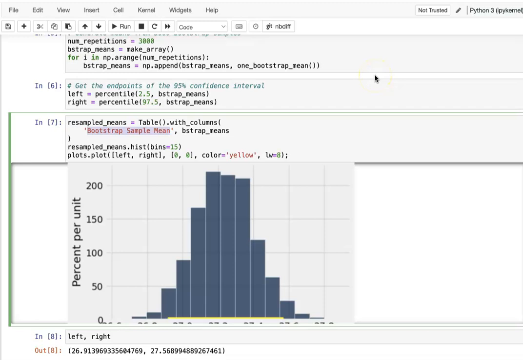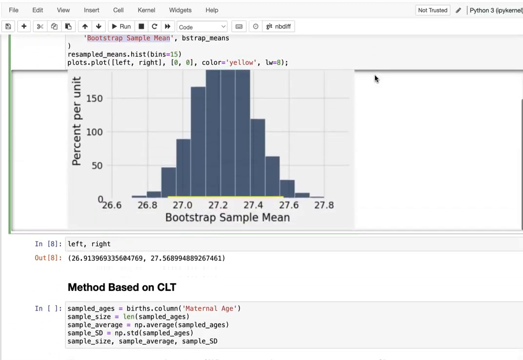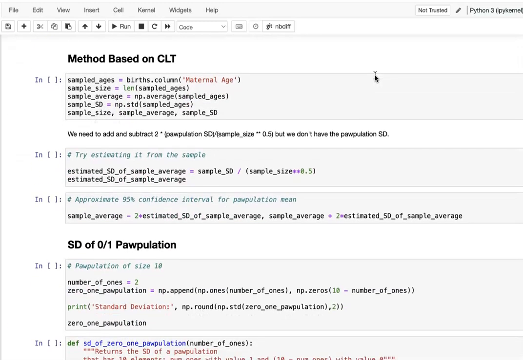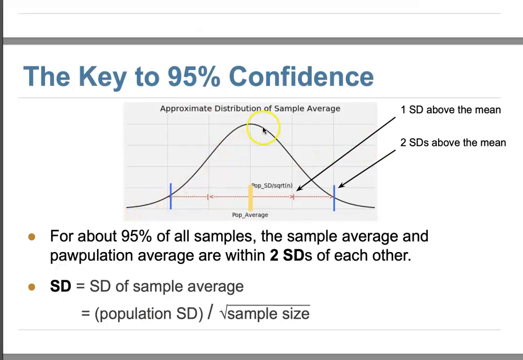So in this week's lecture, we talk about the central limit theorem. As we proved to you earlier, when we construct the distribution of the sample average, the center is the population average. Within two standard deviations, that will be a 95% confidence interval.